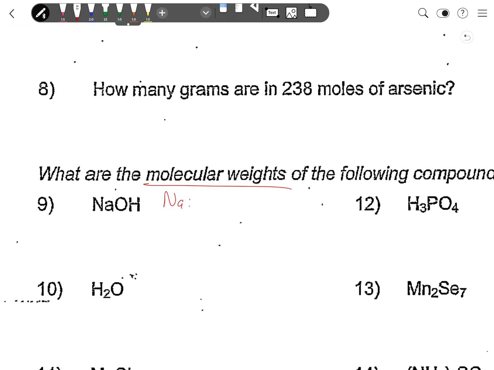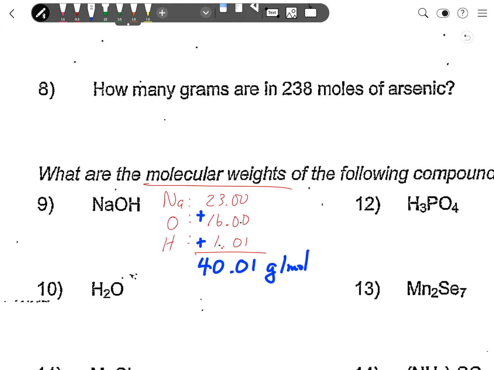Sodium, we're going to round to 23.00. Oxygen is 16.00. Hydrogen is rounded 1.01. You add those together and come out with 40.01 grams per mole. Box your answer, and there's number 9.